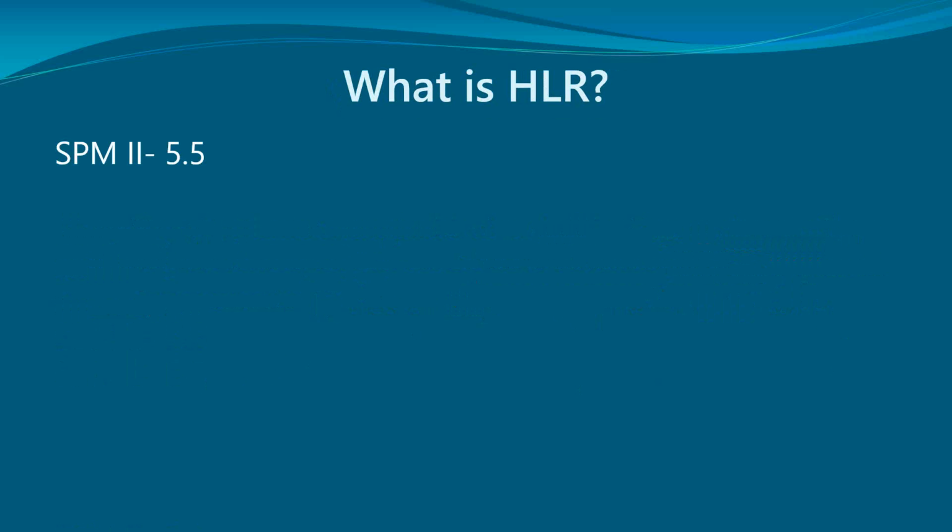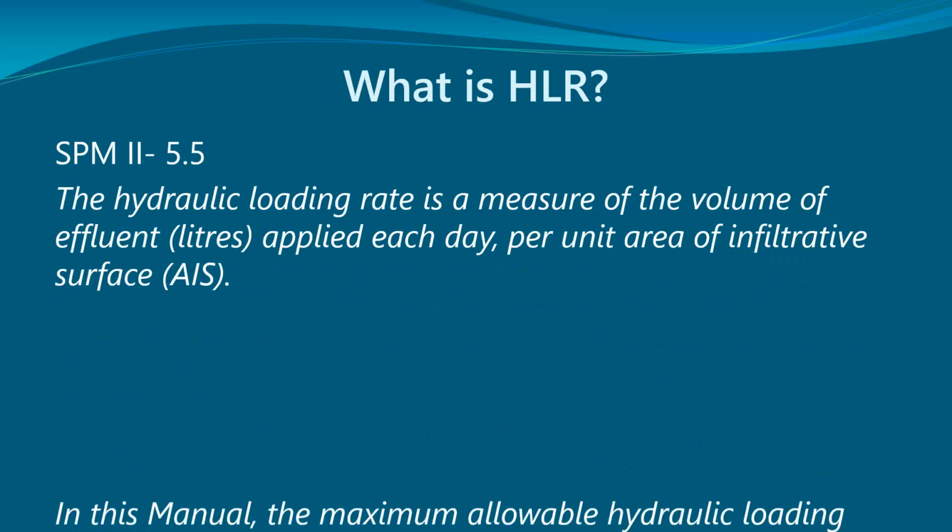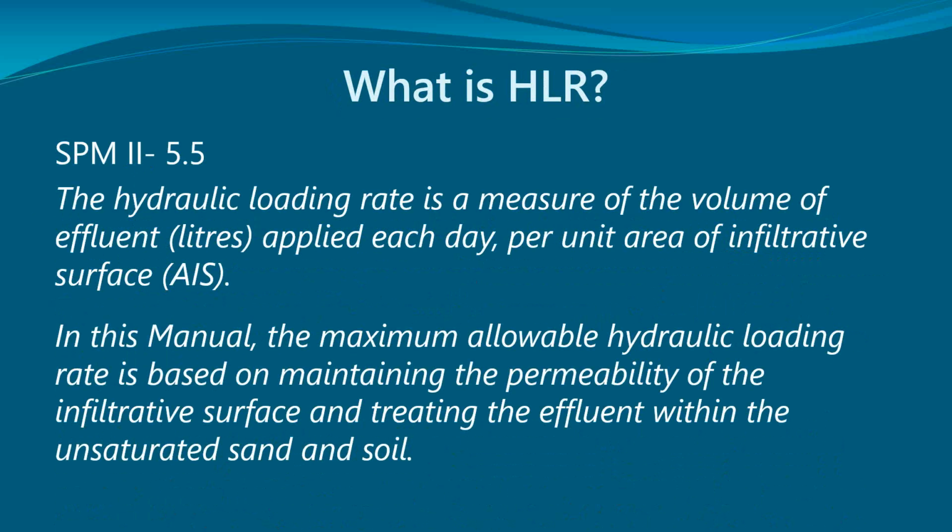Here's some out of the SPM. So that's SPM Volume 2, right? Standards, not guidelines. Section 5.5 says the HLR is a measure of the volume applied each day per unit area of infiltrative surface. Abbreviation we'll be using is AIS, area of infiltrative surface. And it describes the maximum allowable hydraulic loading rate, and it's based on maintaining the permeability of the infiltrative surface.